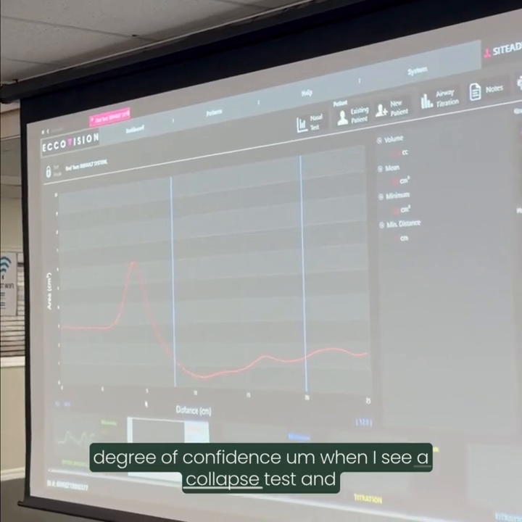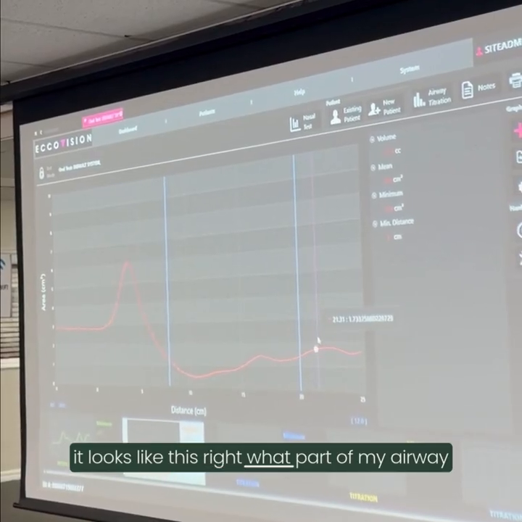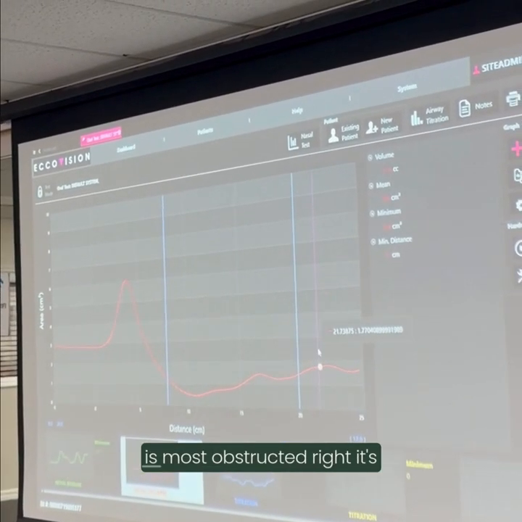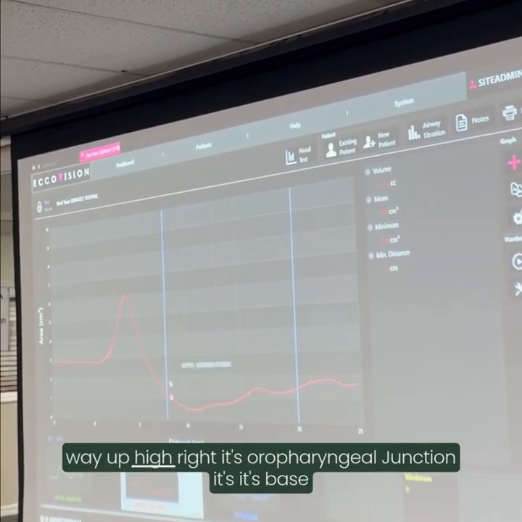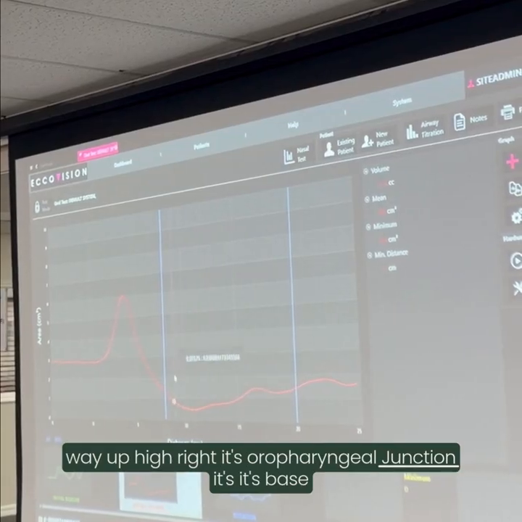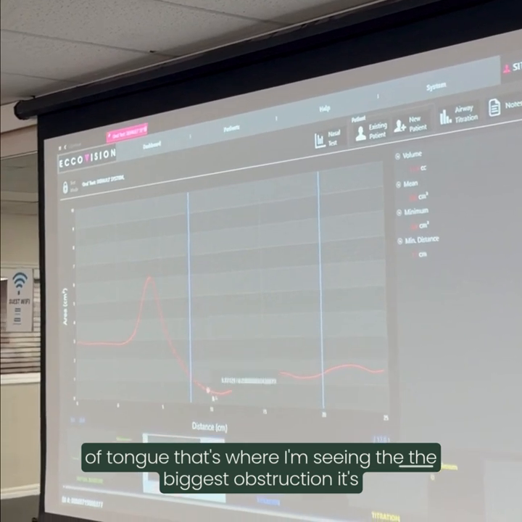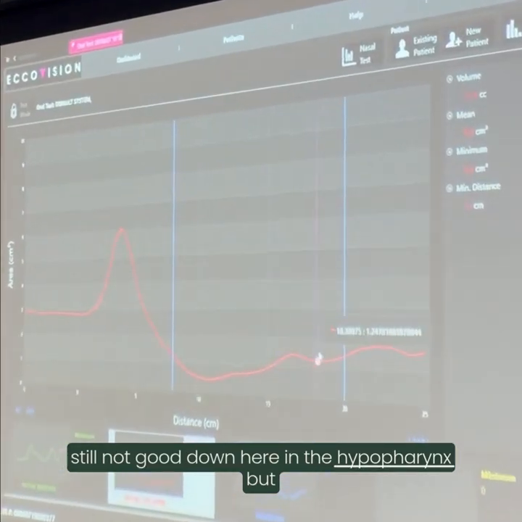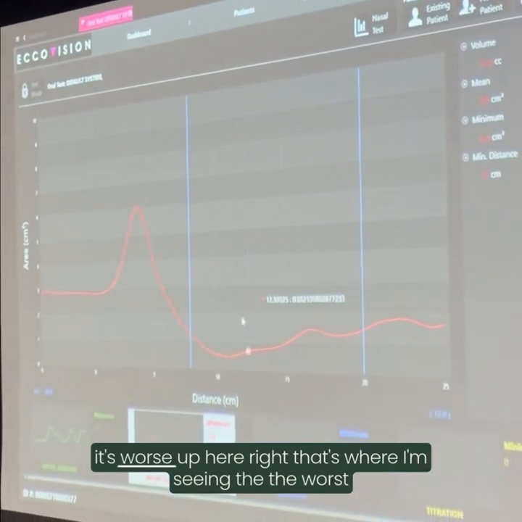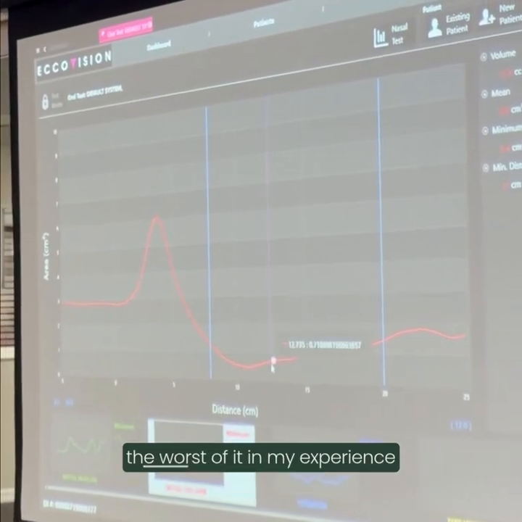When I see a collapse test and it looks like this, what part of my airway is most obstructed? It's way up high. It's the oropharyngeal junction, the base of tongue, that's where I'm seeing the biggest obstruction. It's still not good down here in the hypopharynx, but it's worse up here. That's where I'm seeing the worst of it.